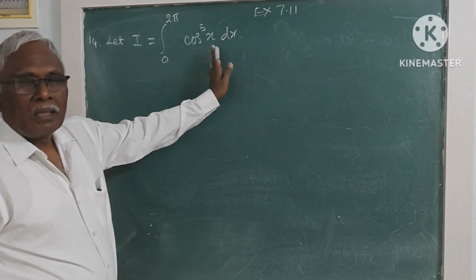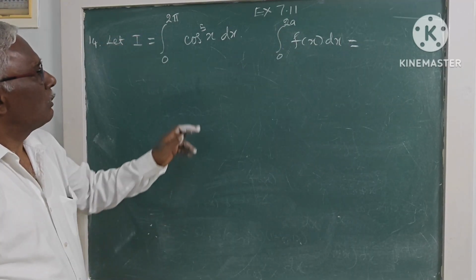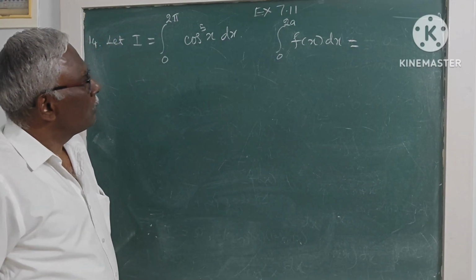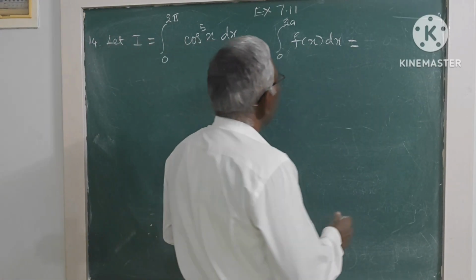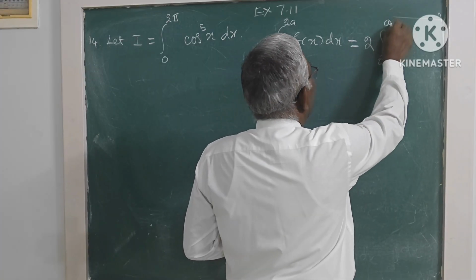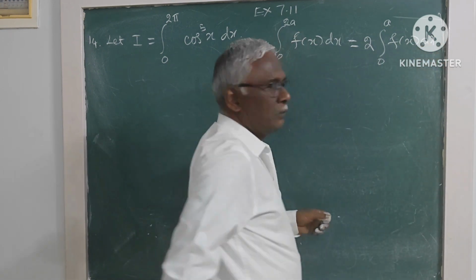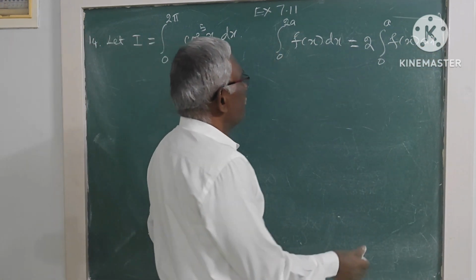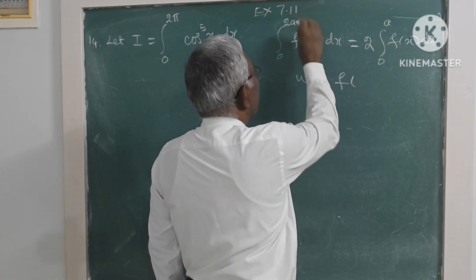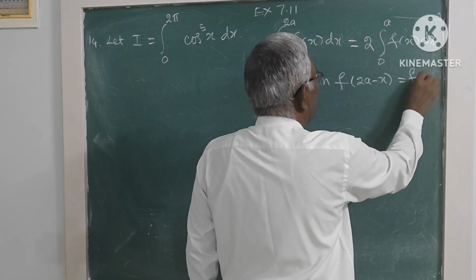So this integral is of the form 0 to 2a f of x dx. What is the integral 0 to 2a f of x dx? This is equal to 2 times the integral 0 to a f of x dx when f of 2a minus x is equal to f of x.